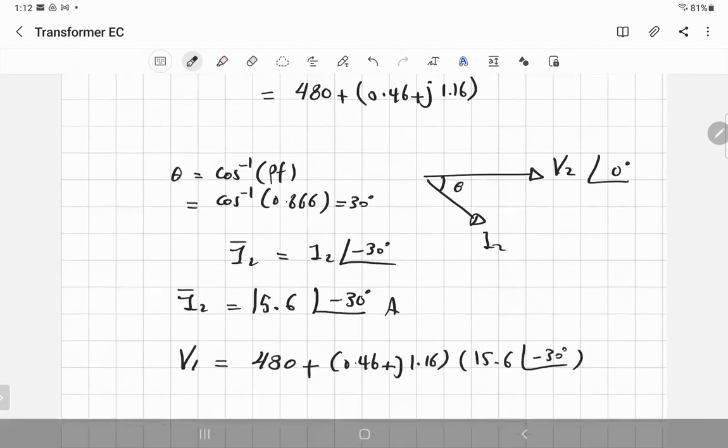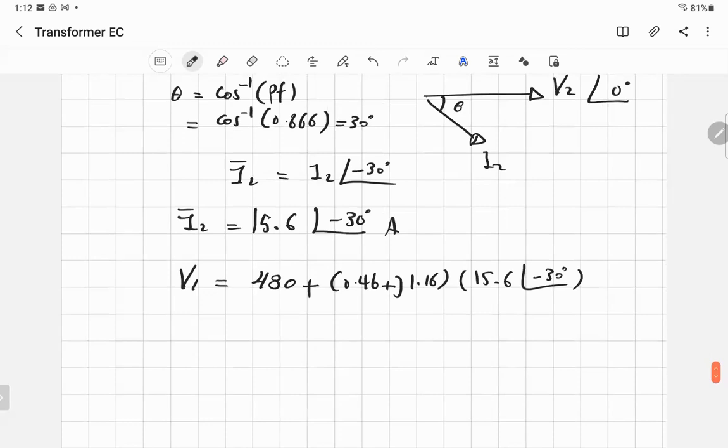Once you do that, you get V1. That's what you asked for: the voltage required to supply this load. So that's how you solve it. You will find how you do the regulation and the efficiency in the lab sheet. It's just a formula I will substitute, but it was very important to see how to do the calculation. I hope that you got it because it's really, really important.